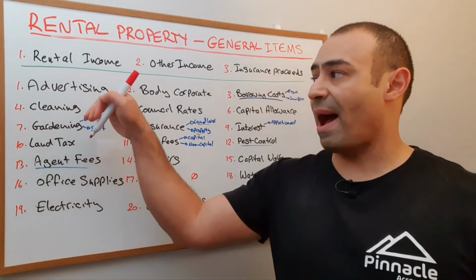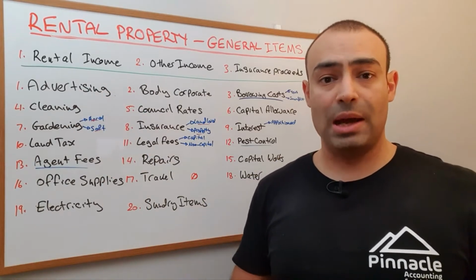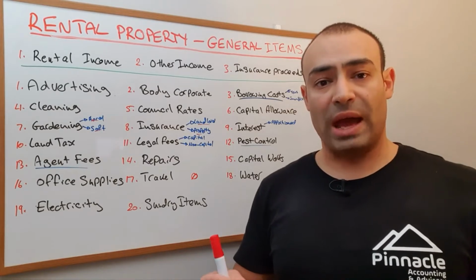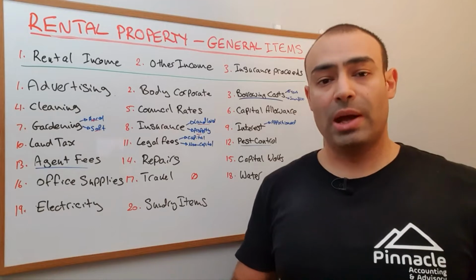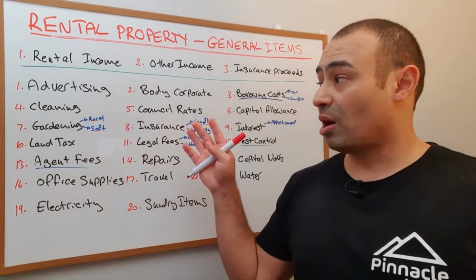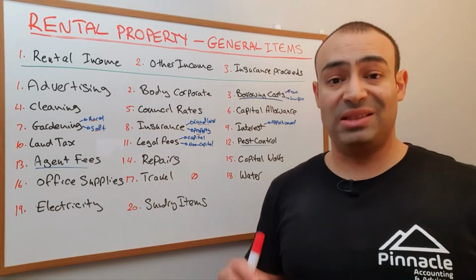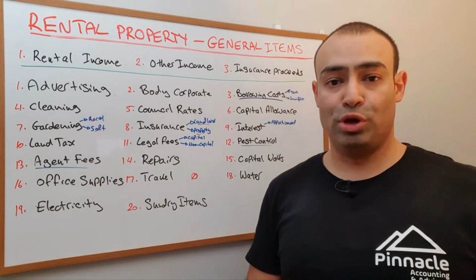It's important to have a tenant in the property or be actively advertising publicly with an agent, a property manager, because if you don't do that, then generally speaking, a lot of these expenses will be disallowed because the property is not income producing.